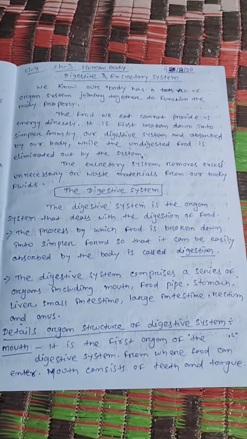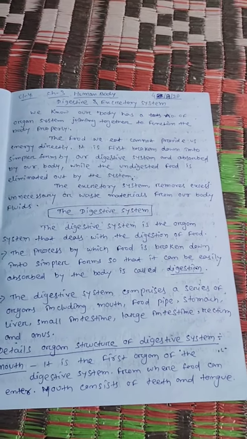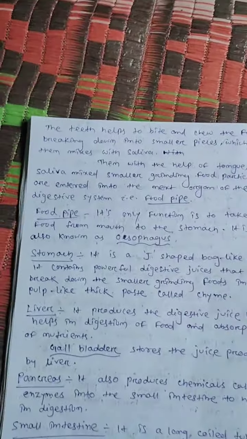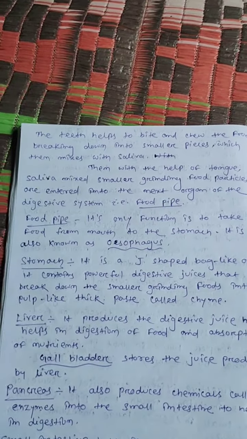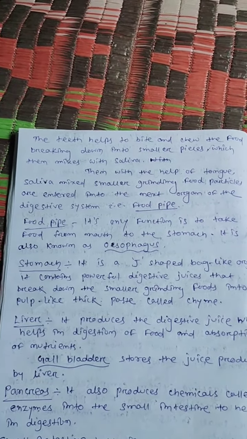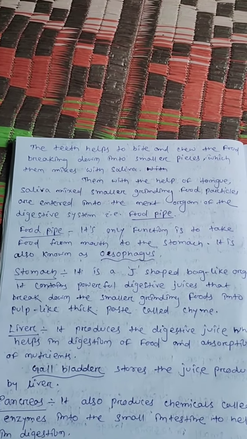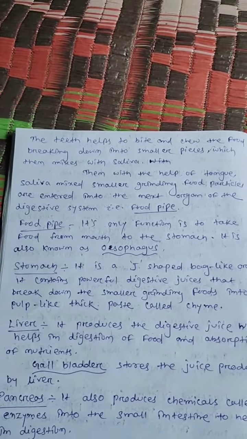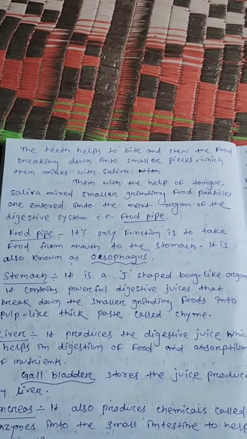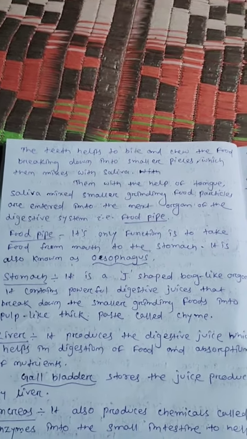The mouth is the region which contains teeth and tongue. So when food enters the mouth, the teeth bite and chew the food, breaking the large pieces into smaller pieces, which then mix with the saliva released inside the mouth.